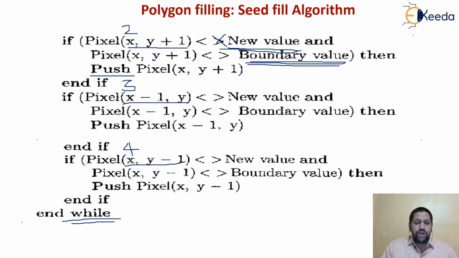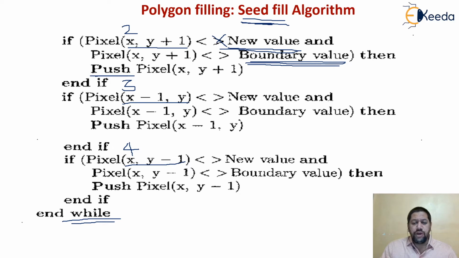Now see, this is our seed fill algorithm, which comes under the boundary filling algorithms, and this algorithm uses the push and pop operations and the stack. Now I have one more option for the seed fill or boundary fill algorithm: I can implement this program using recursion.